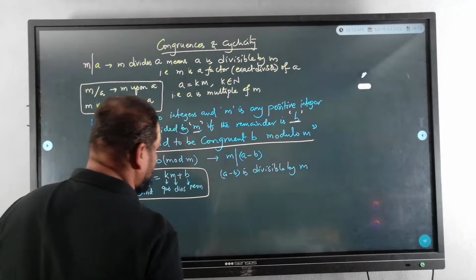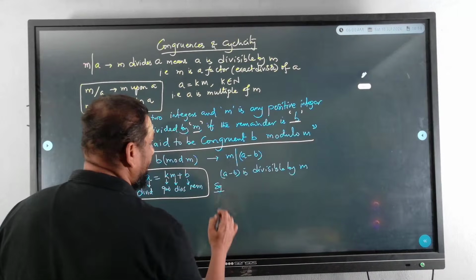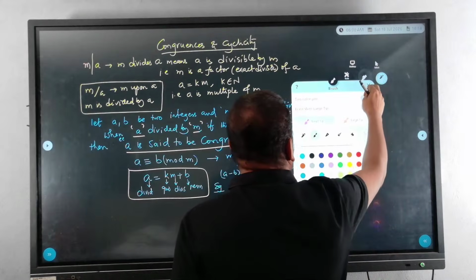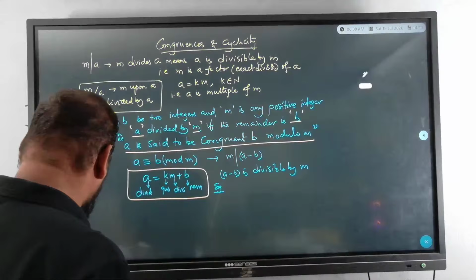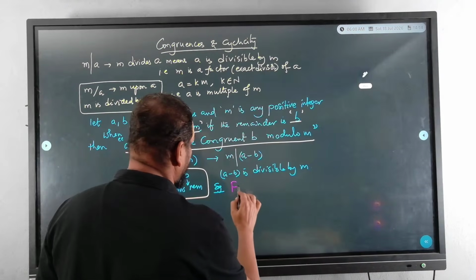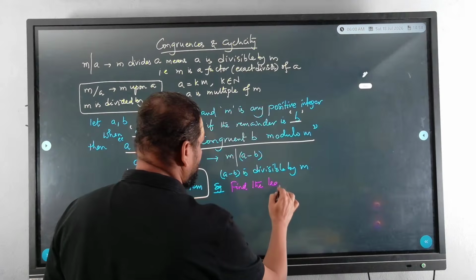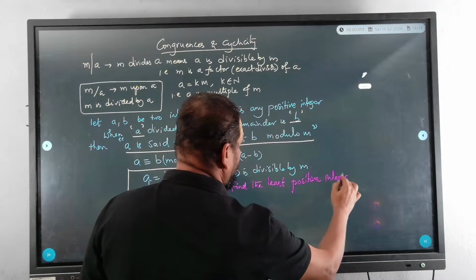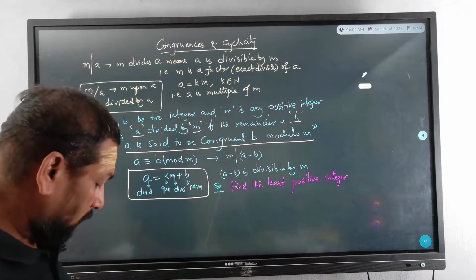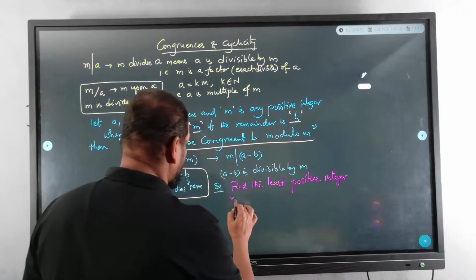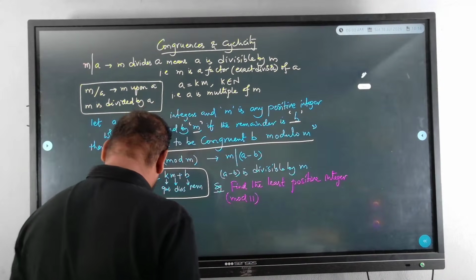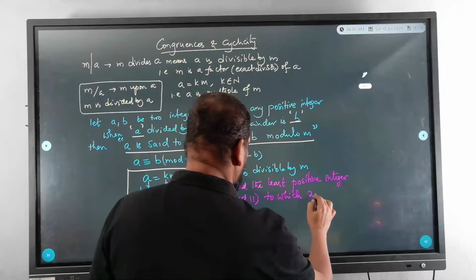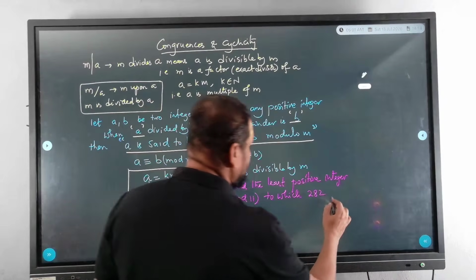Here we'll see one more small example. Find the least positive integer mod 11 to which 282 is congruent.